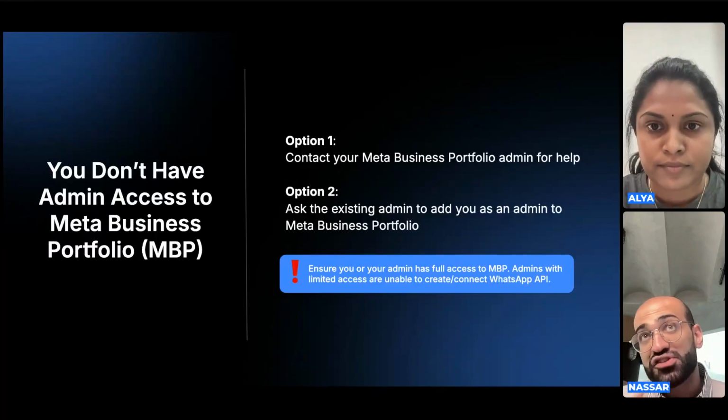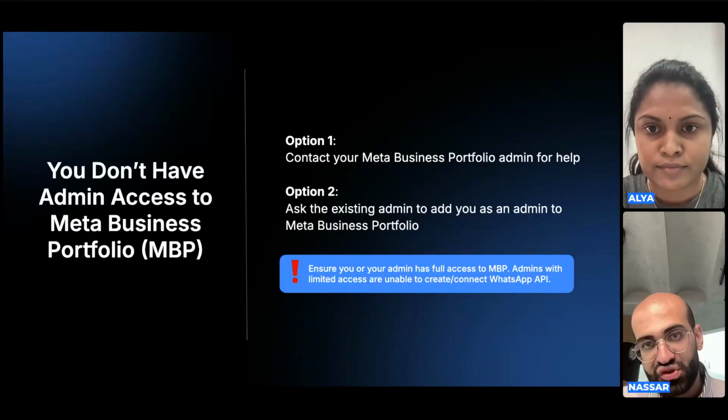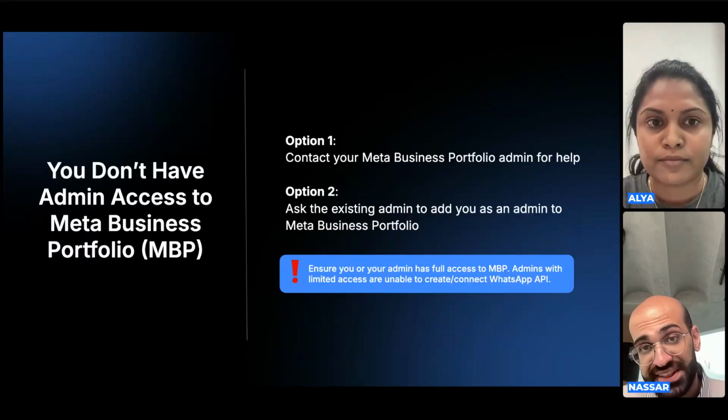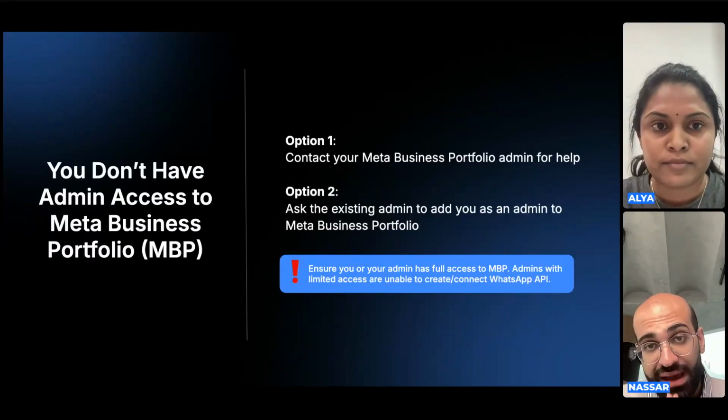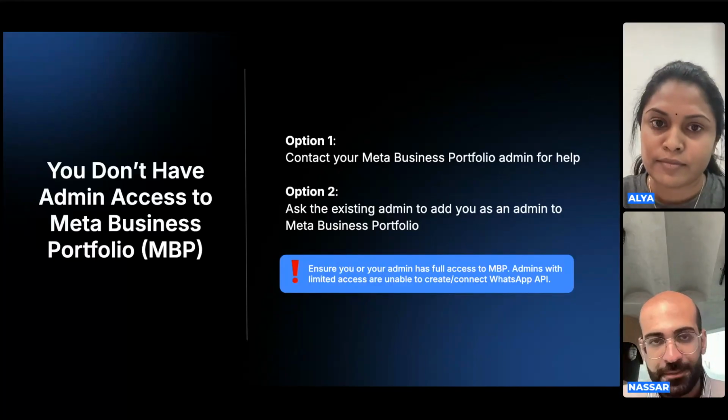He or she can either connect the WhatsApp API, or they can add you as an admin to the Meta Business Portfolio for you to perform this action. And in order to create a WABA, the admin needs to have full access to the MVP, meaning they have all the permissions to connect and create a WhatsApp API.